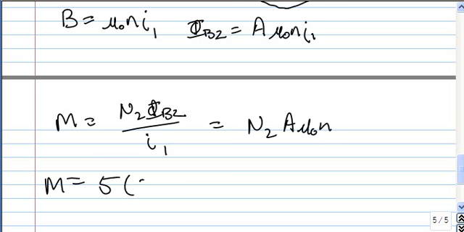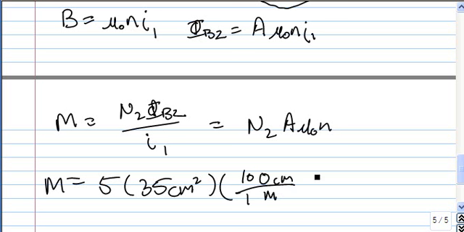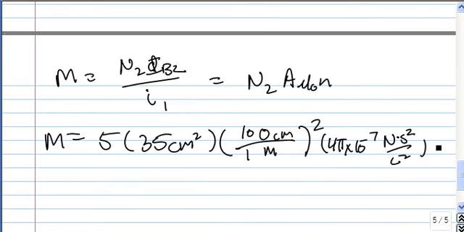The area is 35 square centimeters, and I have to convert to square meters to keep consistent units. After I make that conversion, I multiply by mu naught. And then finally, I multiply by the number of turns, which is given as 465 per meter.